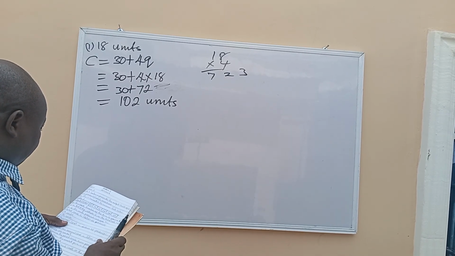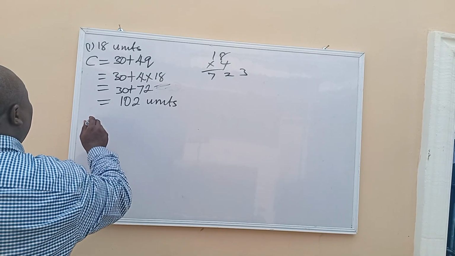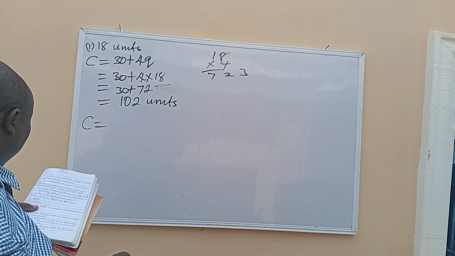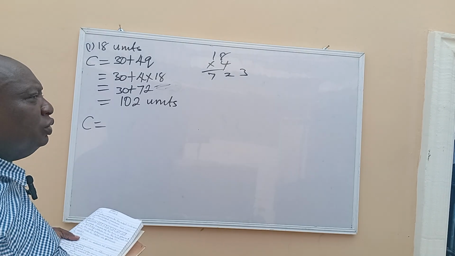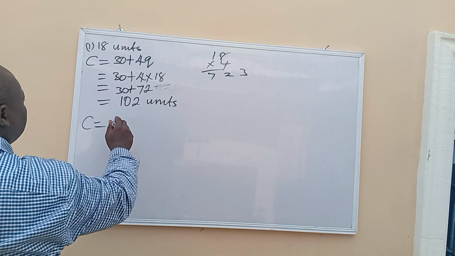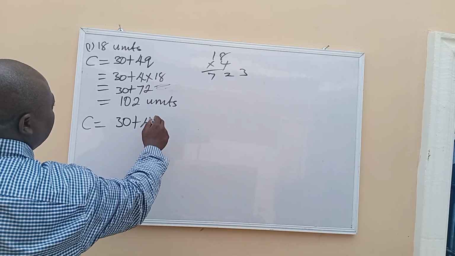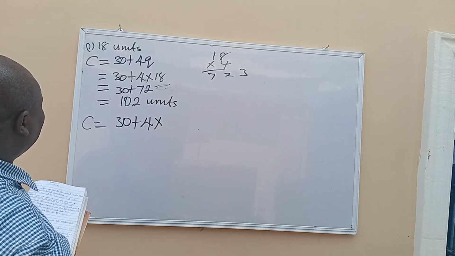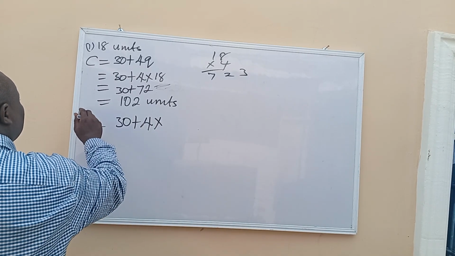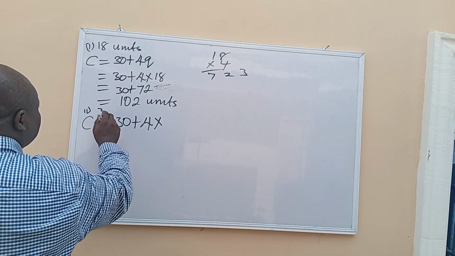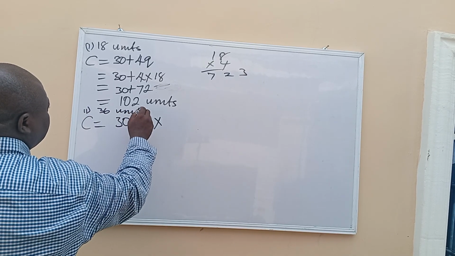Now, the second one is 36 units. What will be the cost when 36 units were produced? So we use this equation, 30 plus 4Q. Where you see Q, for the next one now, the next one is how many units? 36 units.